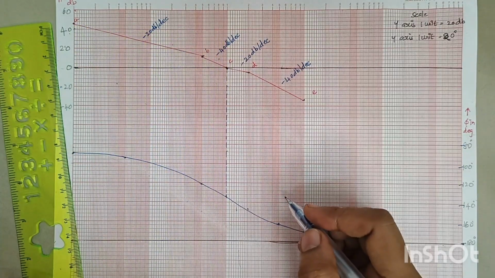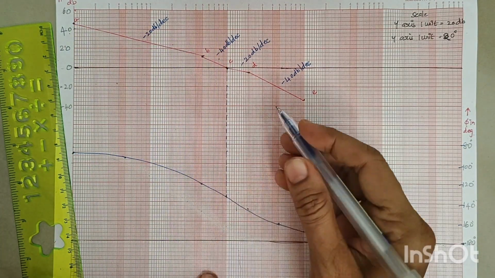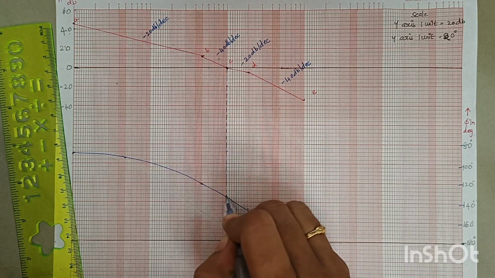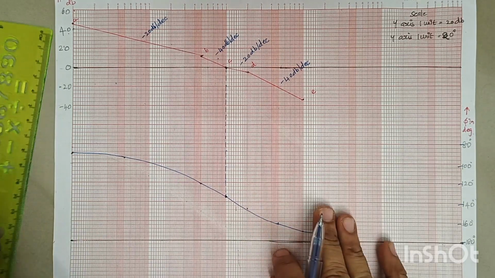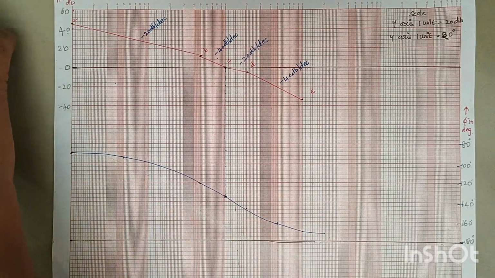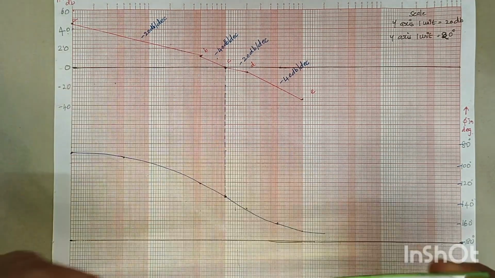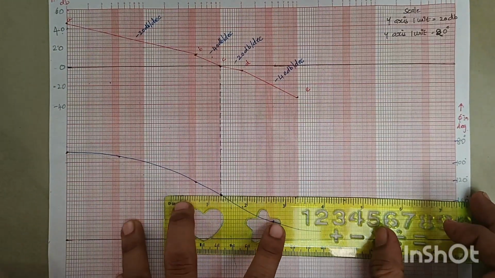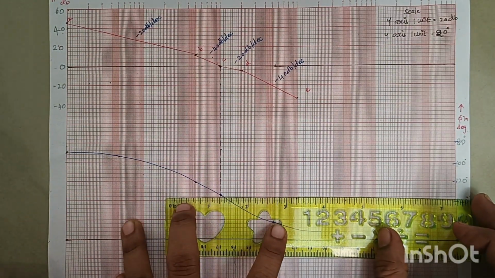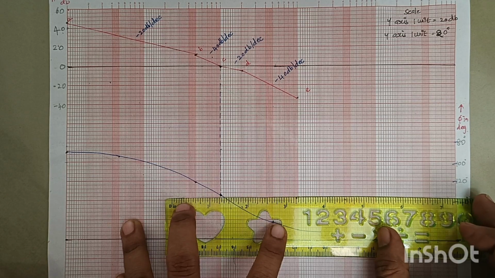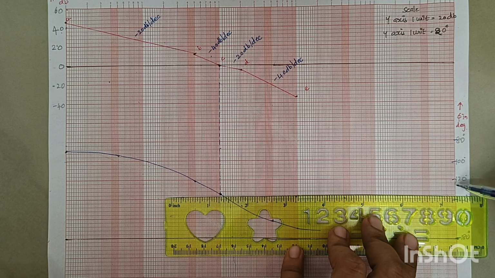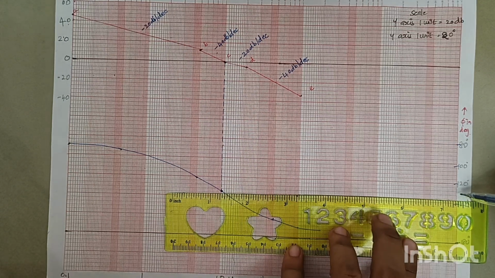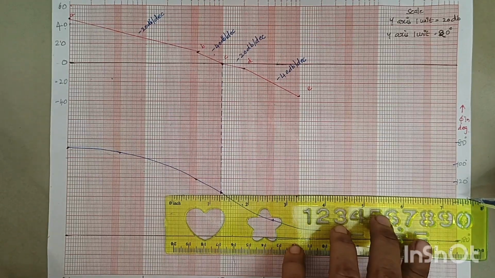Okay, this line is meeting our phase plot at a particular point, right? So at this point, note the respective angle. Just by keeping a scale here, you can note the angle. So here, at this point, the angle is somewhere around, you see, 124, 128, 132, 136, around some 136, right?